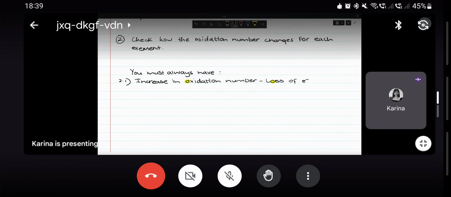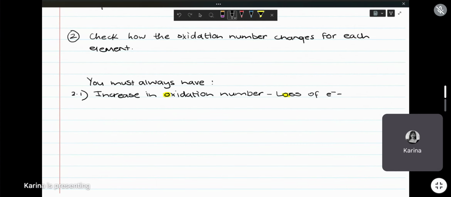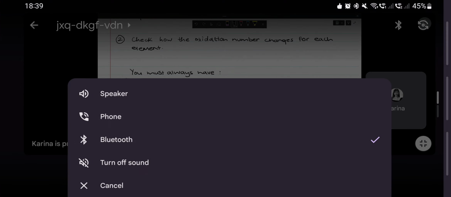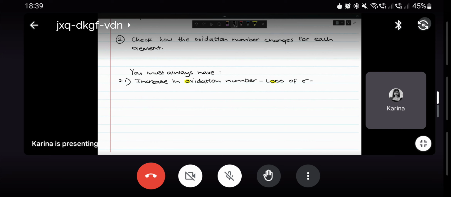So if we have a loss of electrons, we know that this is obviously going to be an oxidation reaction. We have identified the reaction undergoing oxidation, and then 2.2, we know that there's a decrease in oxidation number.